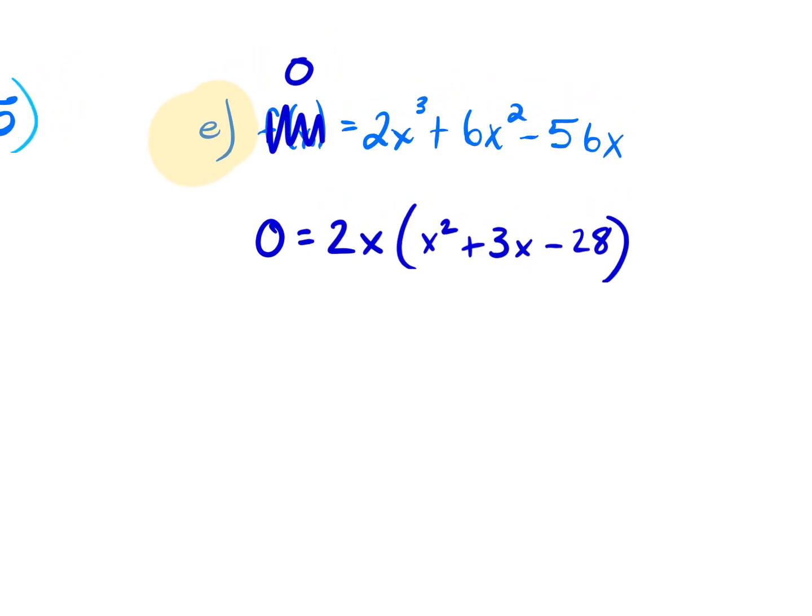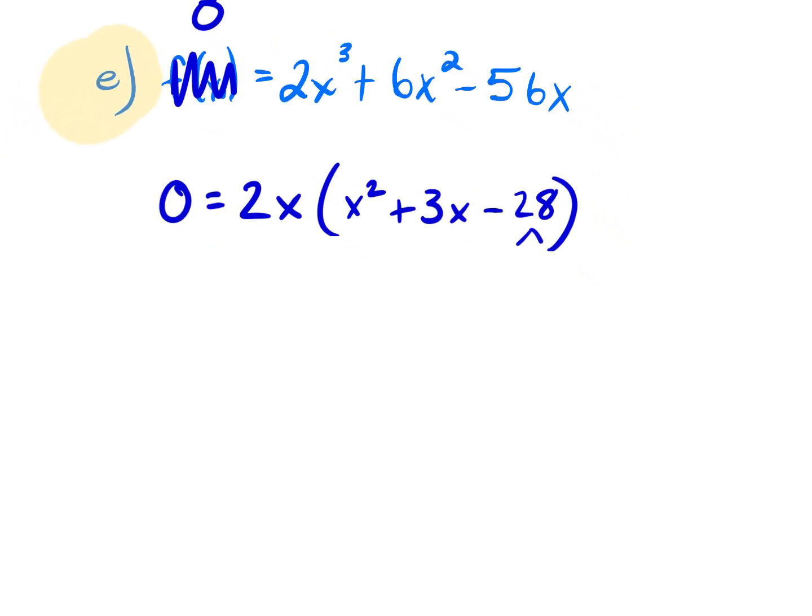Now from here we can factor nicely. What are two factors of negative 28 that add to 3? Negative 7 and positive 4. Positive 7 and negative 4. So this would factor into x plus 7, x minus 4, and 2x.